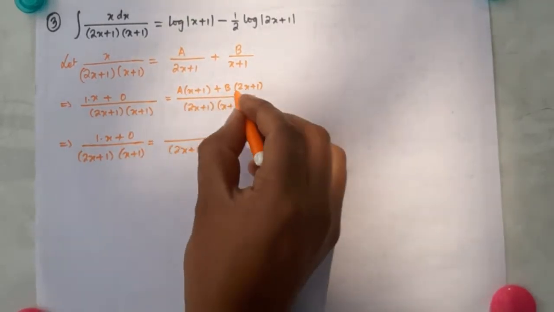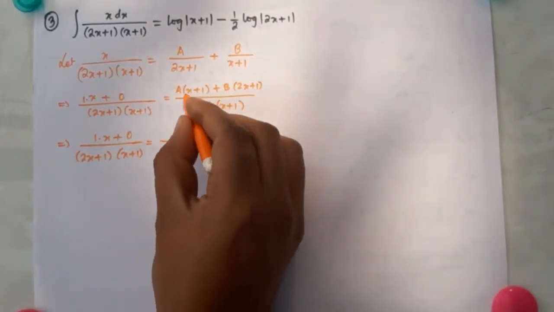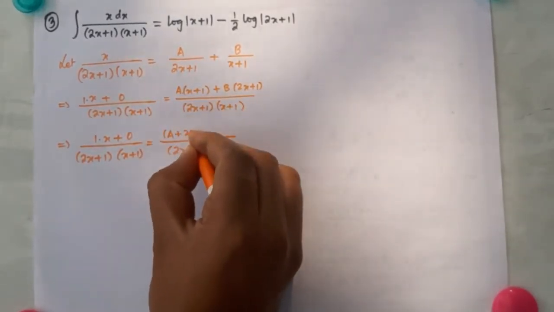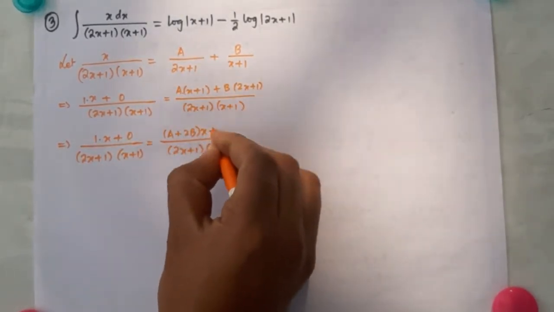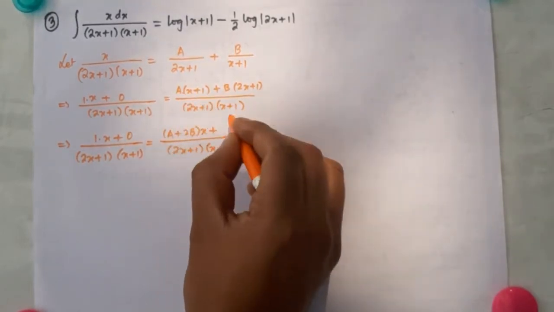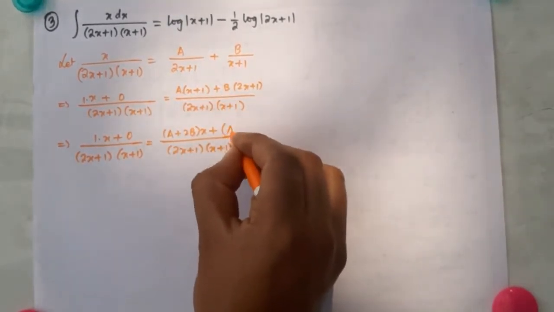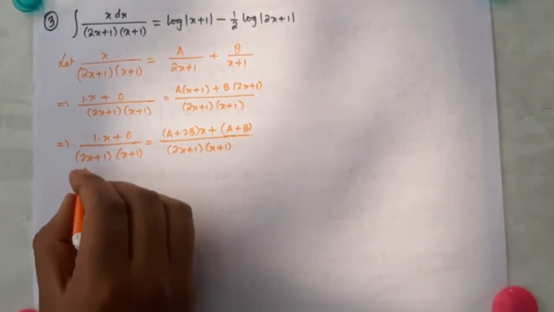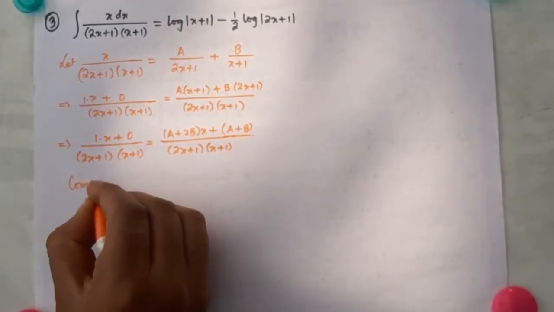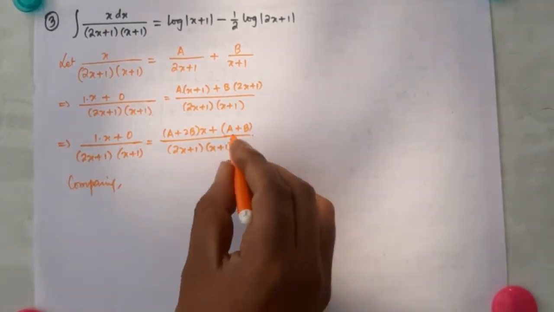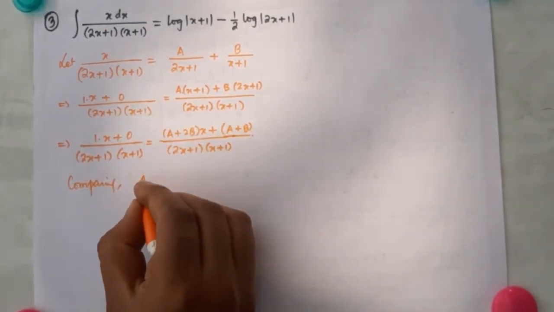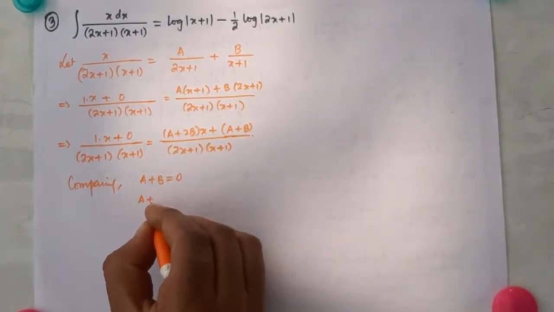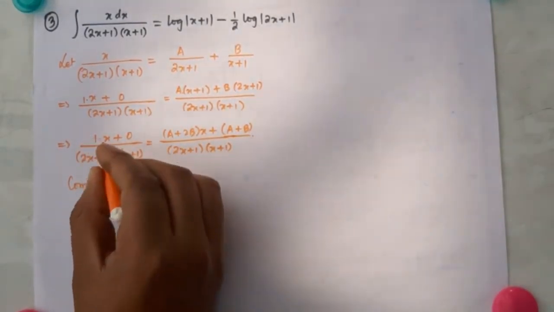So when you take x common, you get a from here, and from here you get 2b, isn't it? So the coefficient of x here is a plus 2b, and the constant term is a plus b. Okay, so again comparing, you see that the value of a plus b is 0, and a plus 2b is equal to 1, isn't it?